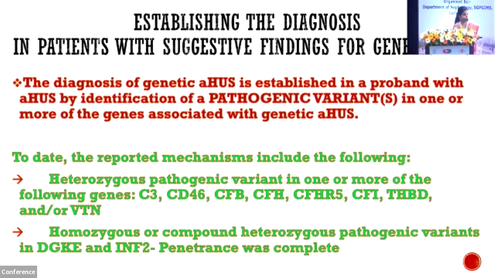The diagnosis of genetic HUS is based on the presence of pathogenic variants. There are two ways of genetic inheritance. One is the heterozygous dominant inheritance of one of these complement or non-complement genes. There can also be homozygous recessive inheritance, and this is especially true for the diacylglycerol as well as INF2 gene.